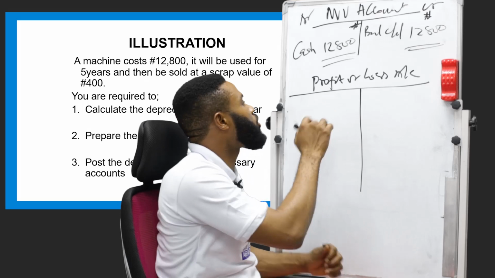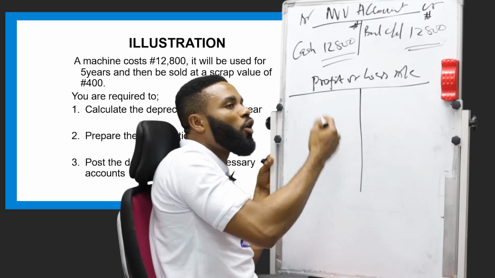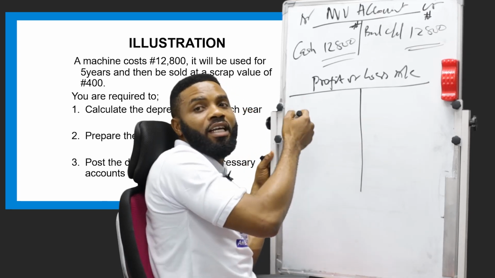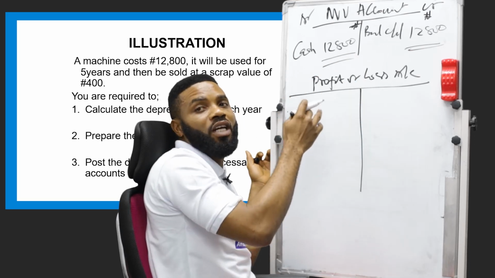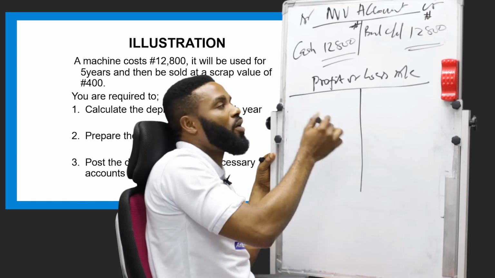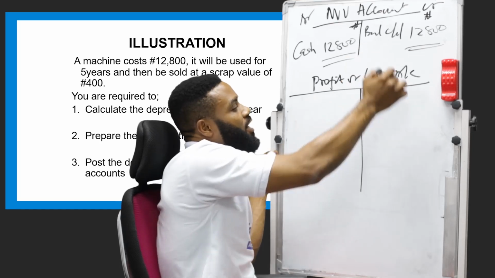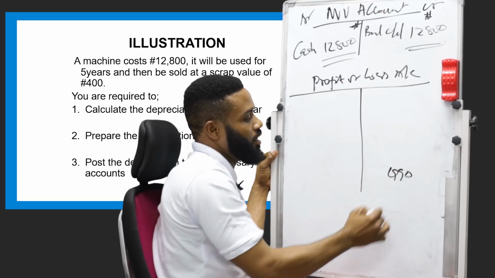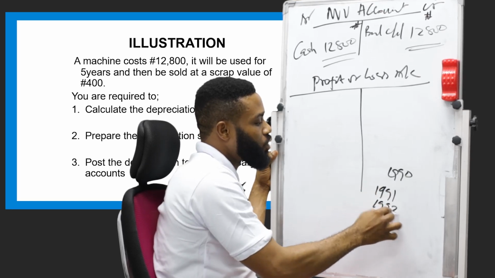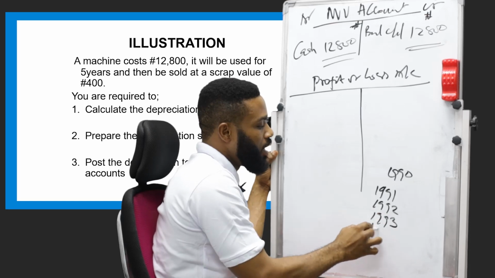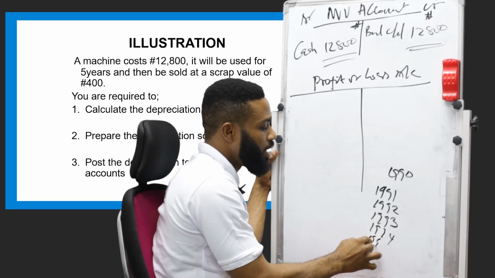The year is not specified here. Let's assume this asset was acquired in 1990. So we have 1991, 1992, 1993, 1994 and 1995.